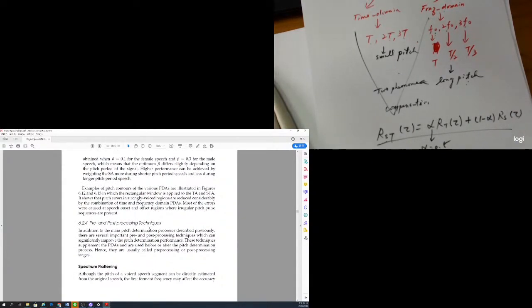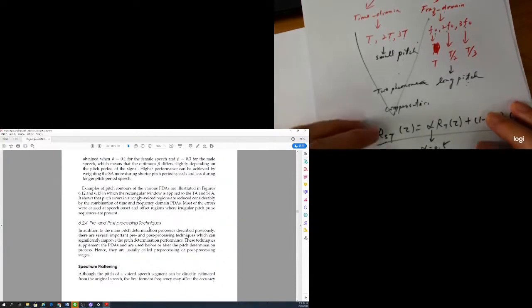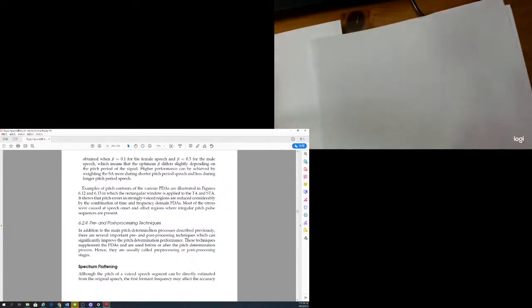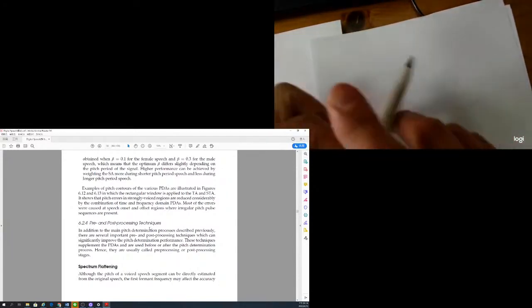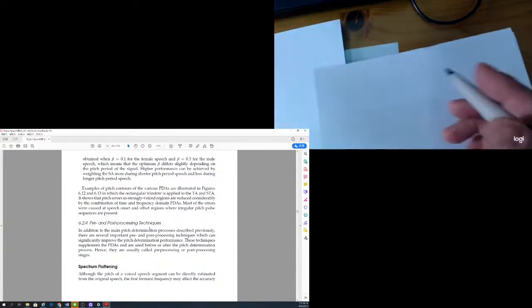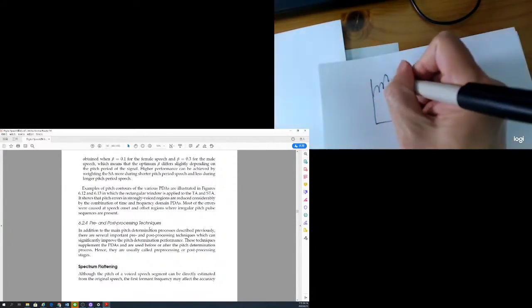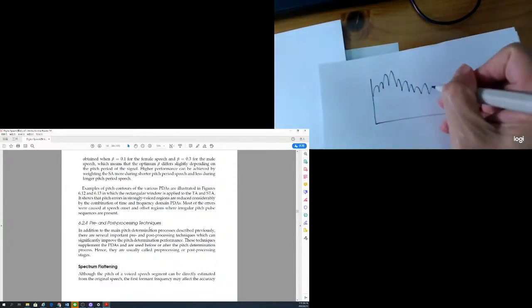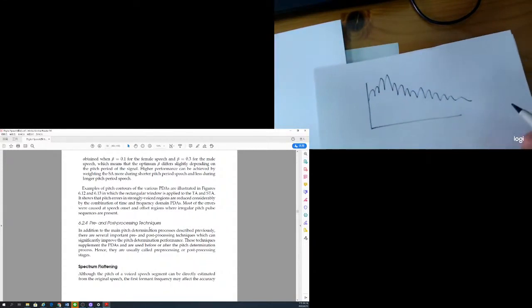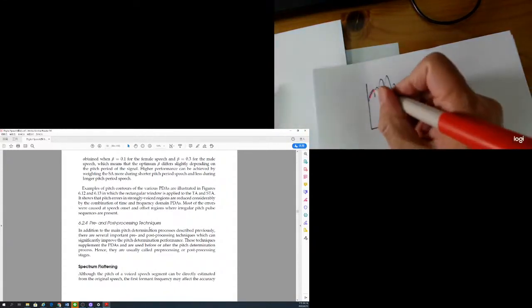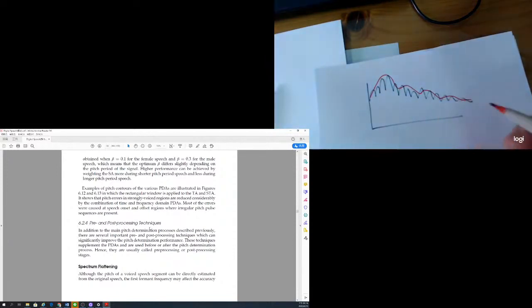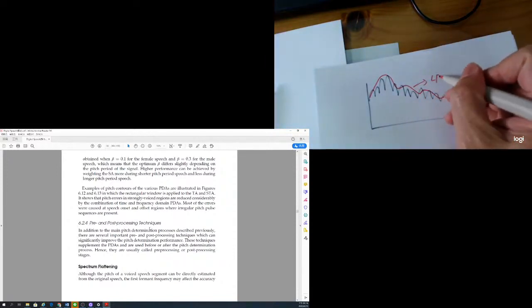Another one: if we are trying to find a big pitch, do you remember what we talked about in the previous section? If we have the speech signal in harmonic form in the frequency domain, it can be drawn this way. You can see it has an envelope shape, which is related to your LPC.